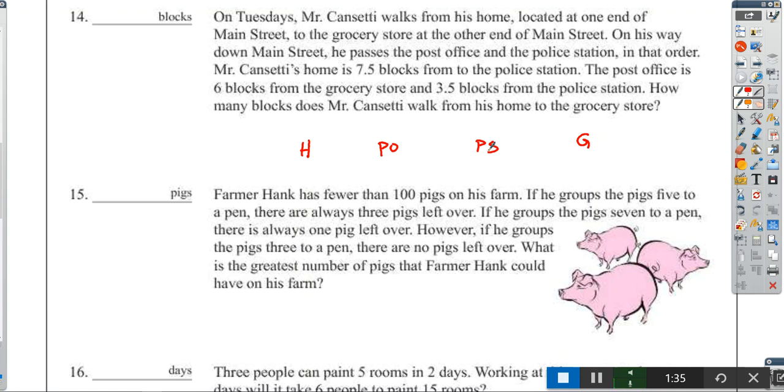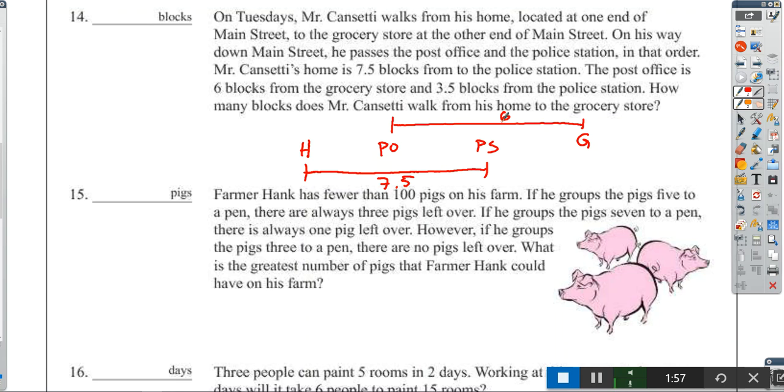His home is 7.5 blocks to the police station. And the post office is 6 blocks from the grocery store. All right, and we need one more piece of information. Here we go.